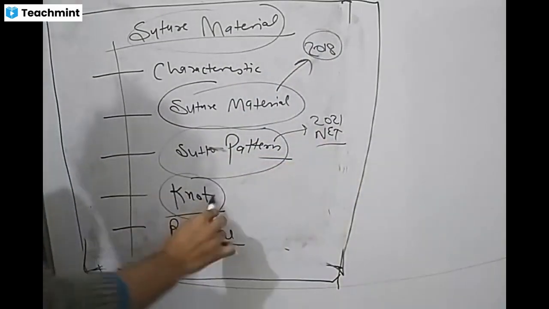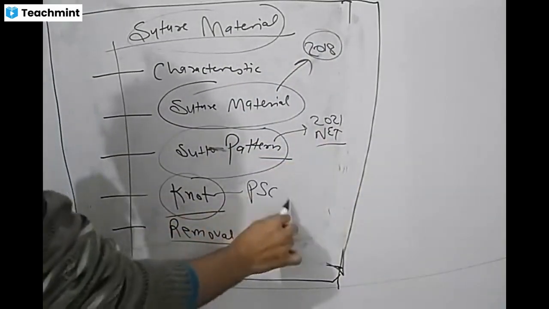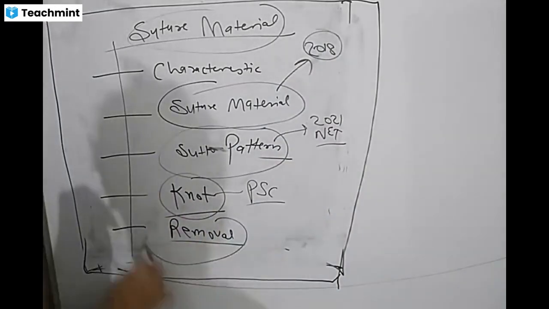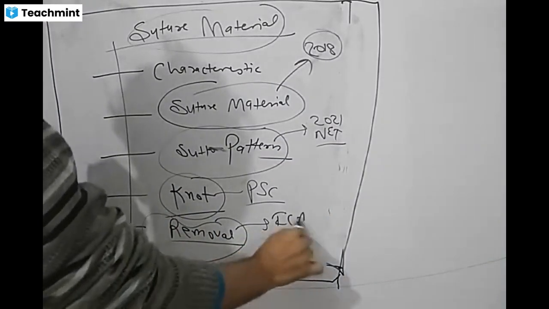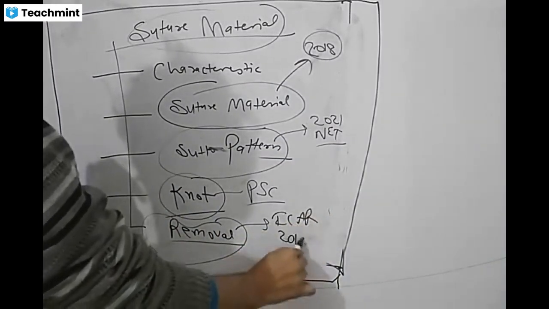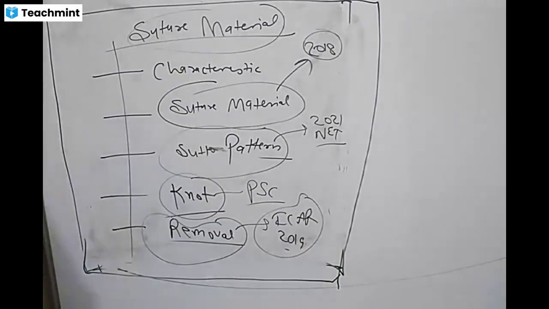And from the knot, in some PSC exams they have asked, and from suture removal there was one MCQ in ICAR 2019. So this suture material topic is very important from the MCQ point of view.